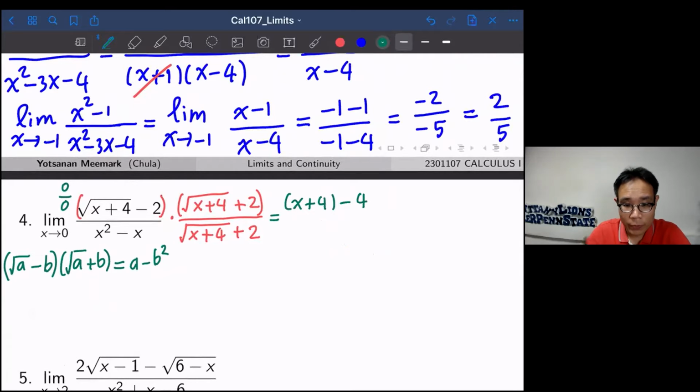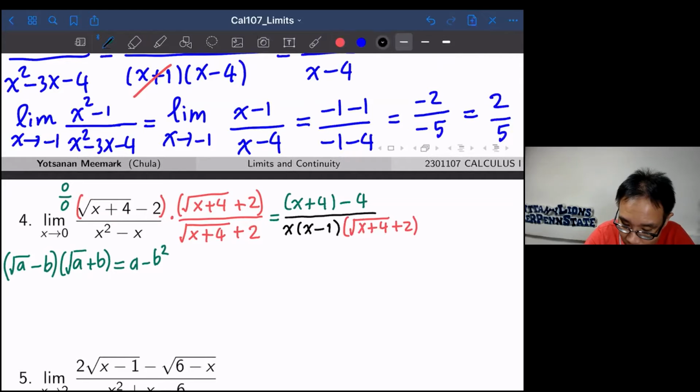And on the bottom, you see that it's going to be x times x minus 1. So that is the black guy. And you may have to keep the red guy the same thing, x plus 4 plus 2. So it's gonna turn out to be this one.